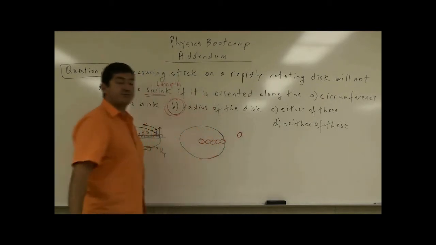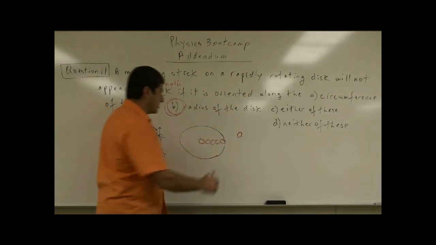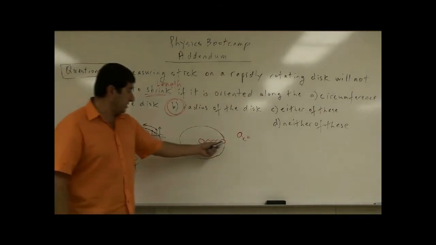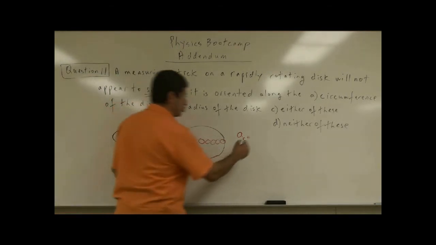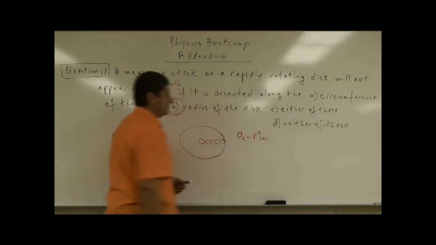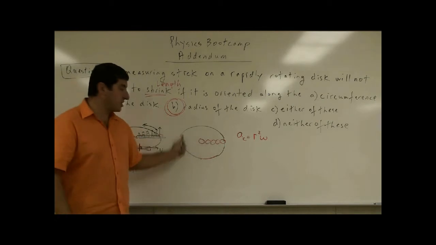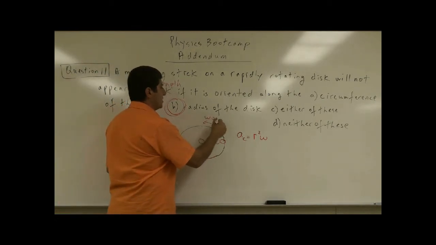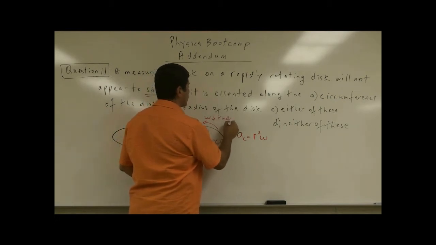From mechanics, we know that the centripetal acceleration along a rotating disk is equal to r times omega squared. Omega is the rate of rotation, measured in radians per second.